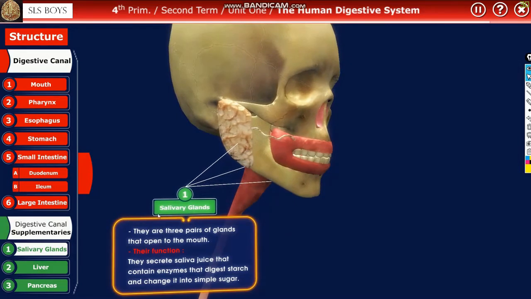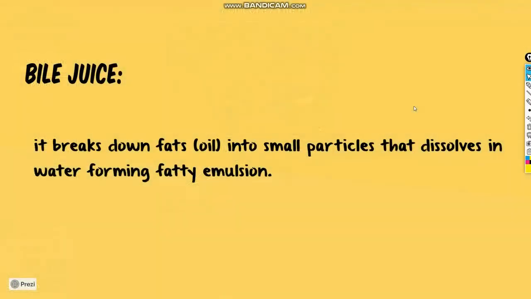And like we said, the salivary glands are 3 pairs of glands that open to the mouth, and their function is secreting saliva juice that contains enzymes that digest the starch and change it into simple sugar. So bile juice breaks down fats or oil into small particles that dissolve in water, forming a fatty emulsion.